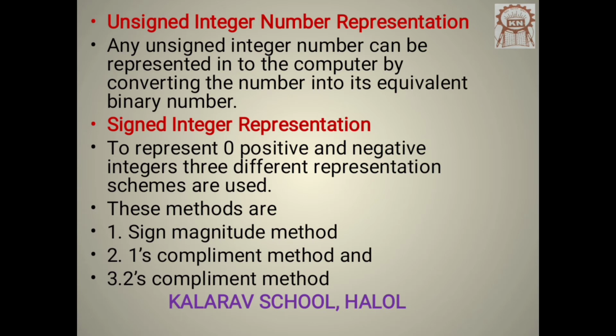Unsigned integer number representation. Any unsigned integer number can be represented in the computer by converting the number into the equivalent binary number. Signed integer representation. To represent 0, positive, and negative integers, three different representation schemes are used.